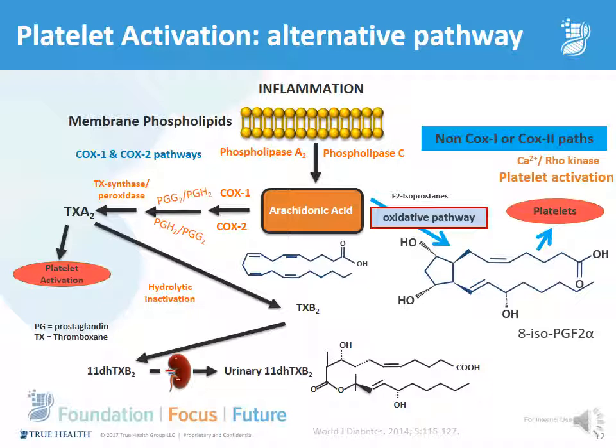So in a patient on aspirin where the urinary 11-dehydrothromboxane B2 test remains abnormal, you have to realize you have inhibited the COX-1 pathway, that is desirable, but the abnormal urinary biomarker could be a result of COX-2 activity, and you should search for causes of that inflammation, or it may be due to oxidative stress generating F2 isoprostanes. And of course, that can be assayed in the urine also, and it can be treated by aggressive, wholesome nutrition.